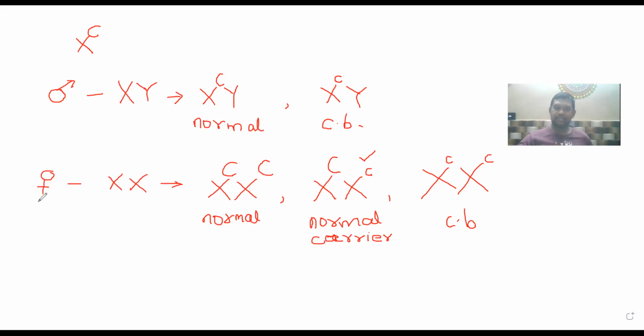Here I was told about the female, that the female can be a carrier. When is she a carrier? When the female has the heterozygous condition for color blindness. Can such a heterozygous condition be possible in a male?